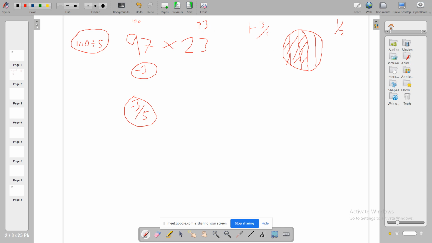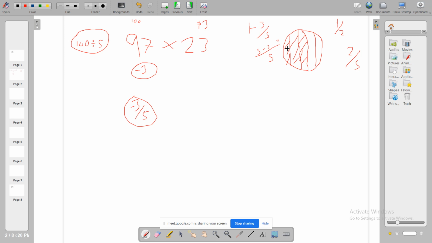Here will be 5, right? 5 minus 3 will be 2, right? So the unshaded portion will be 2 over 5. Do you understand? Are you okay with that?